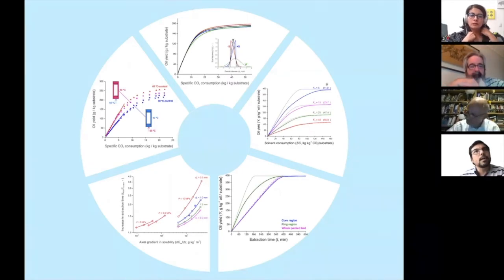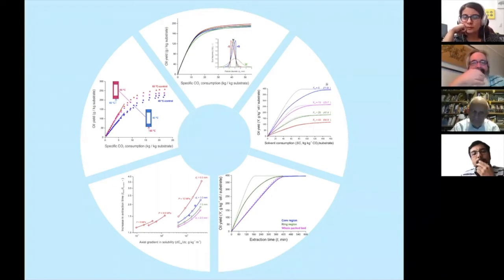So in that case, only the saturation solubility was calculated as a fit parameter in our model, but you also have to describe your packed bed very well. Did I answer your question?